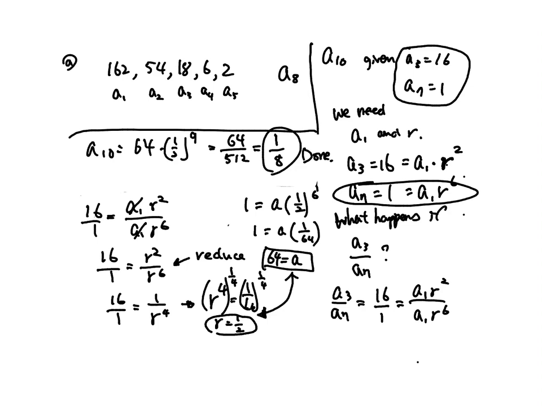Now let's go ahead and talk about the partial sums and the infinite sums. For the partial sum, the sum of the first n terms of a geometric series, this is the formula that we'll be looking at.